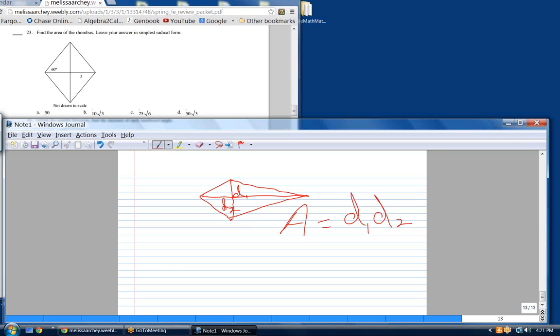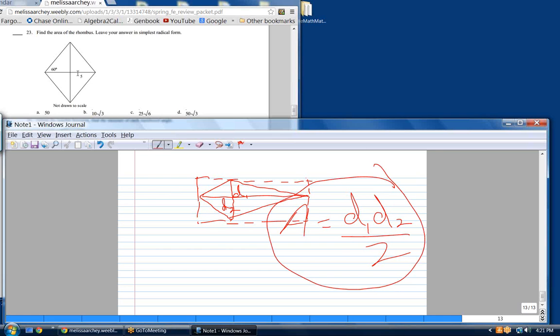But clearly that would give you a bigger area than we want, because that would give you the area of this rectangle. You divide it by 2, right? Exactly. So there's the formula for the area of a kite. A rhombus is just a special kind of kite, so if we can figure out these diagonals, then we can use the formula for the area of a kite, because it has to apply to a rhombus.